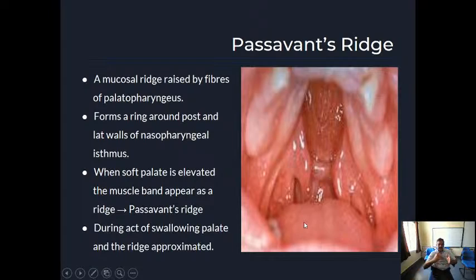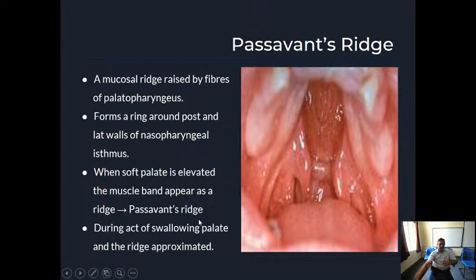When the soft palate moves upwards in the deglutition phase, it seals the nasopharynx from the oropharynx, so that the food or liquids when you swallow do not go into the nasopharynx.